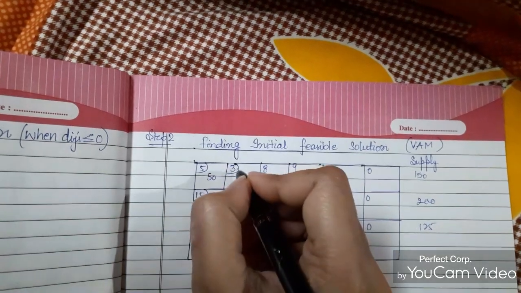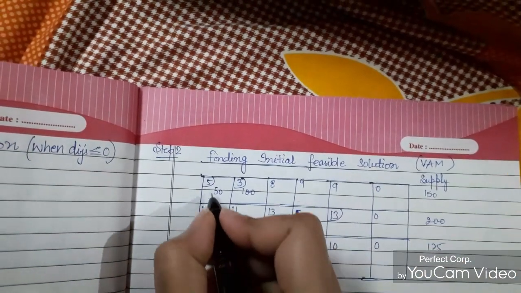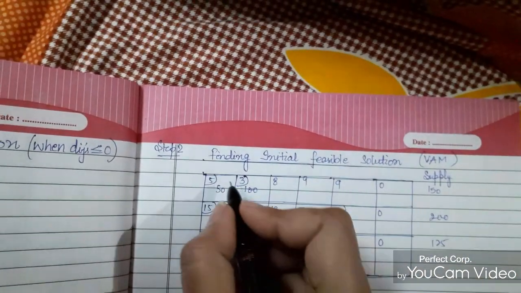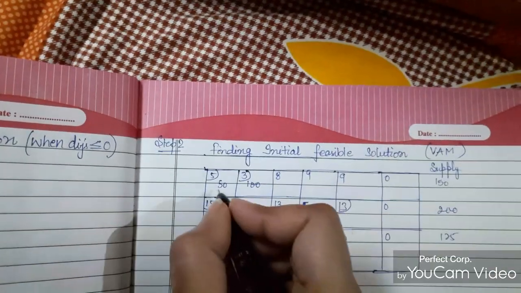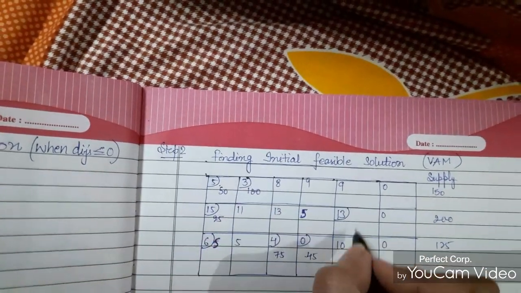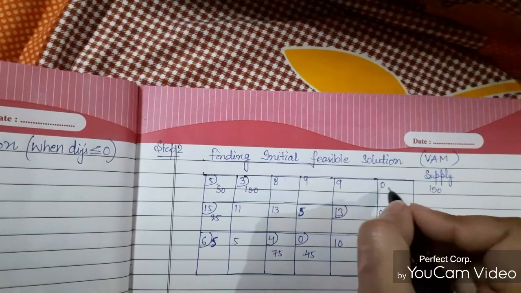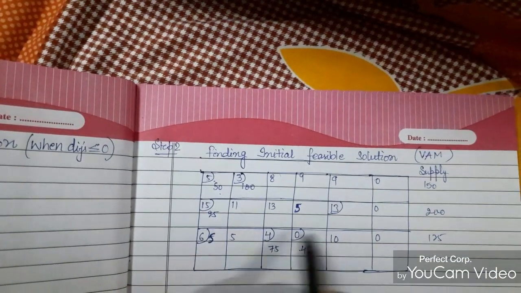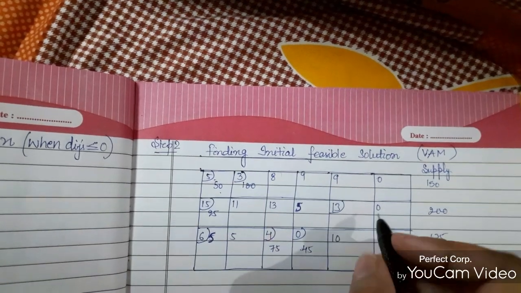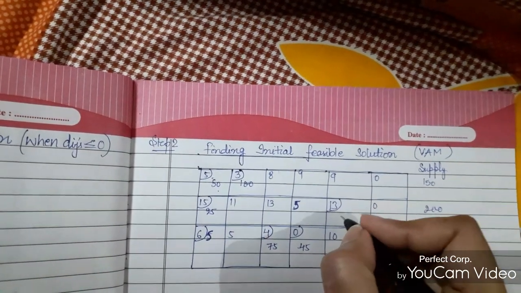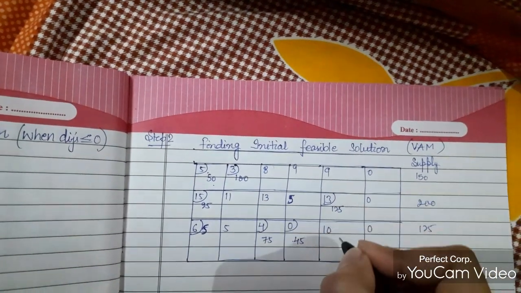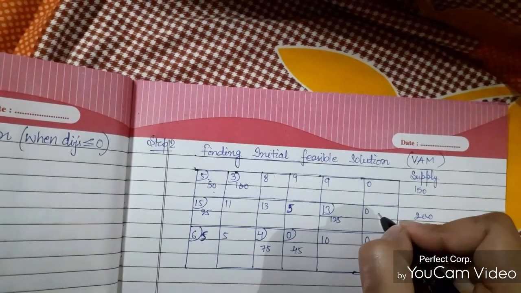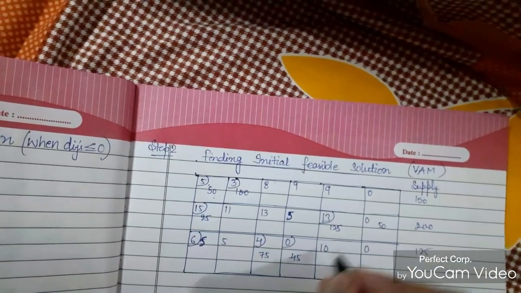I'm putting these brackets to show the costs, so that we can differentiate which are the costs and which are the allocations. So at 13 I got this allocation, and at this 0 I got the allocation 50, right?